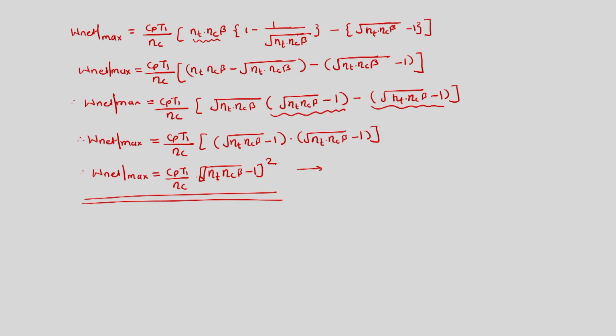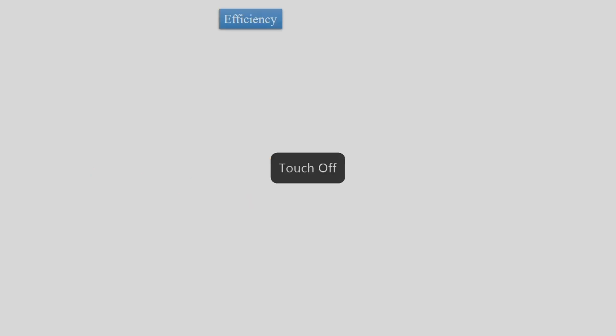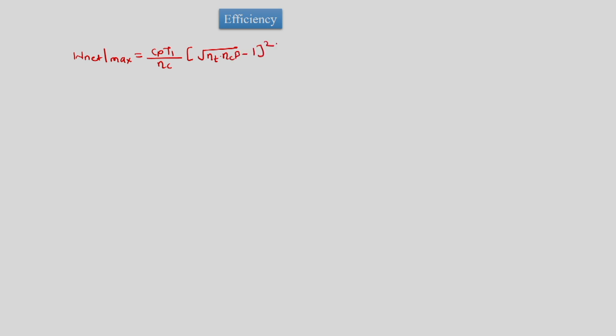So having said this, now we need to remind ourselves of this formula, since we need to find out what is the corresponding efficiency when we are operating with the optimum compression ratio for maximum work. So we have said that W net max is equal to Cpt1 divided by eta c into square root of eta t eta c beta minus 1, bracket square.